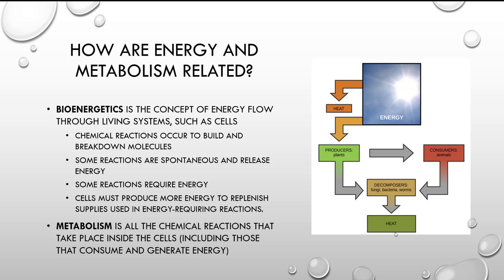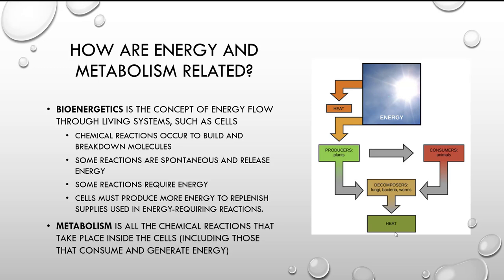Once energy is converted or used, it gets converted into heat, and then we need more energy for those energy requiring reactions. So cells must be able to produce cellular energy from chemical energy. In further videos, we're going to talk about cellular respiration and how cells can convert the chemical energy from our food into cellular energy.